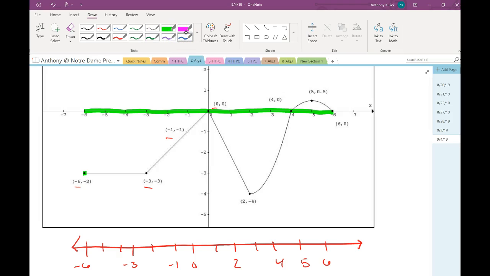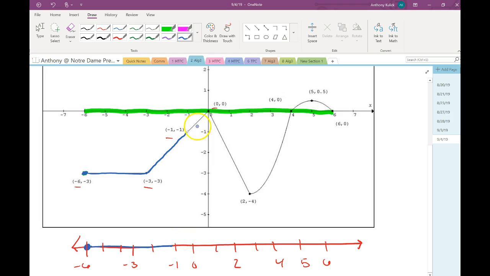So, as I traverse along this graph, I have a point at -6, so I'll start with a filled-in circle on my number line. And as I go along my graph, I go all the way to -1, in which there's a hole in my graph.